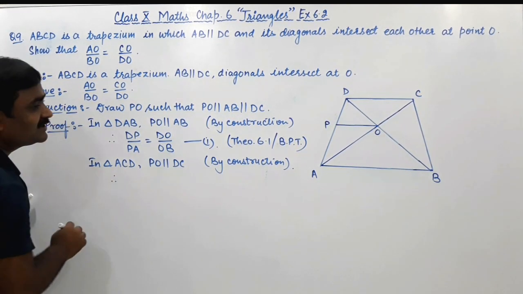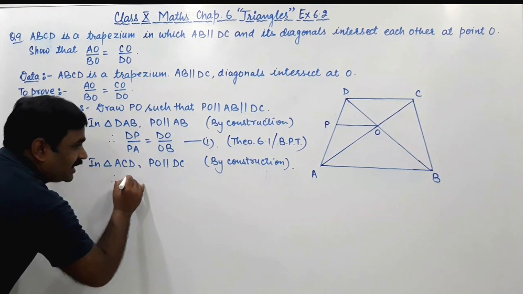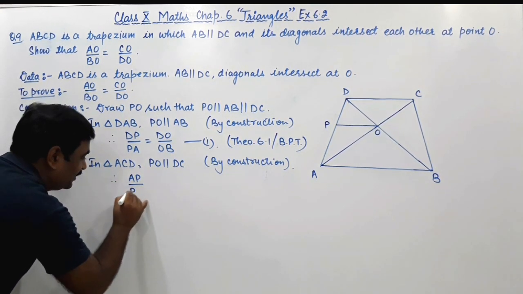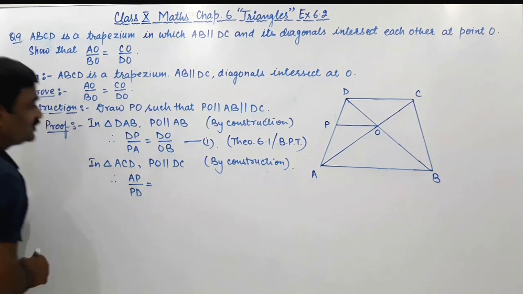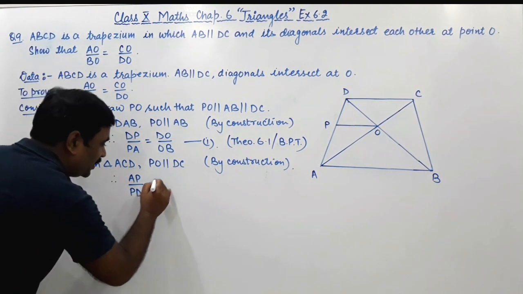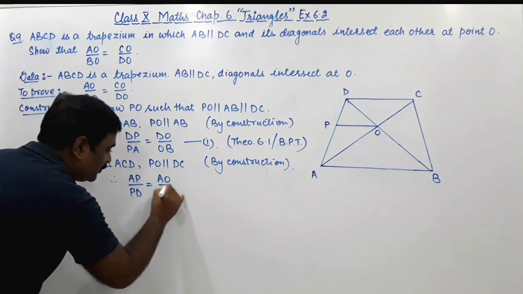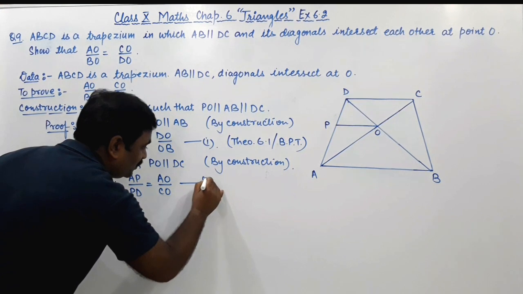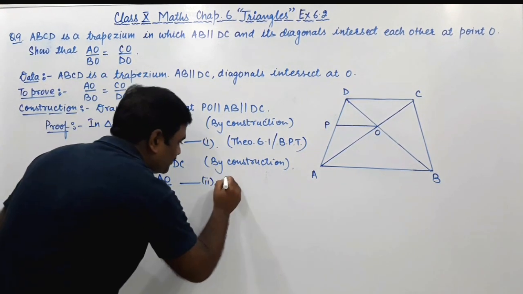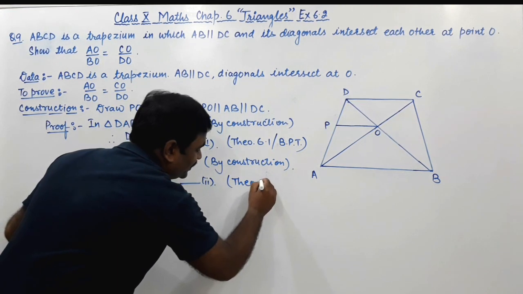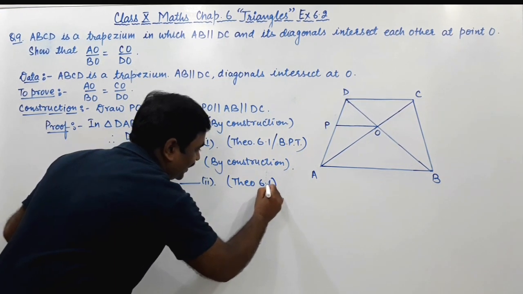What we are getting the result? AP upon PD equals to AO upon CO. Say it is equation number 2, and why? By basic proportionality theorem 6.1.